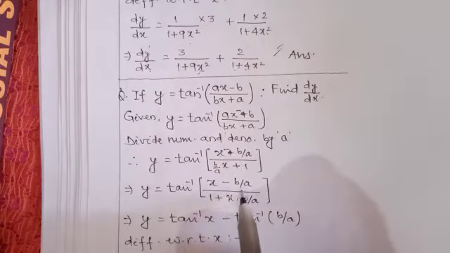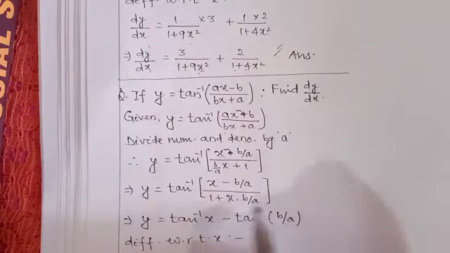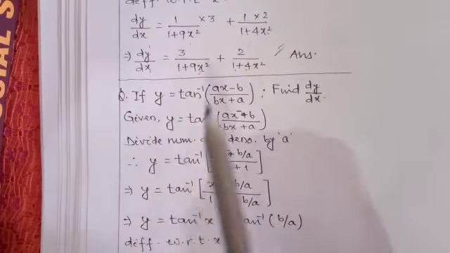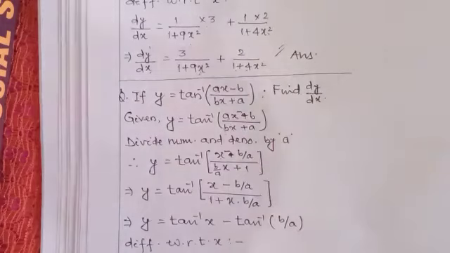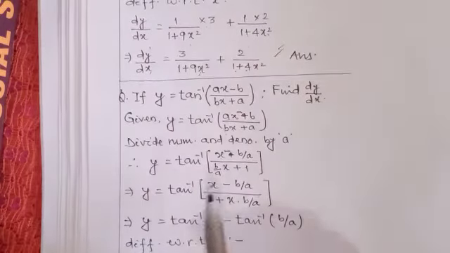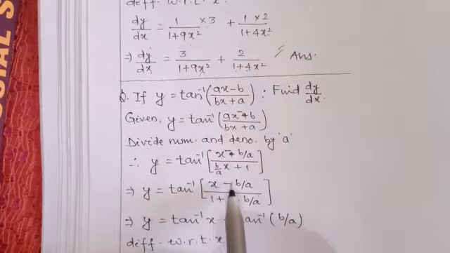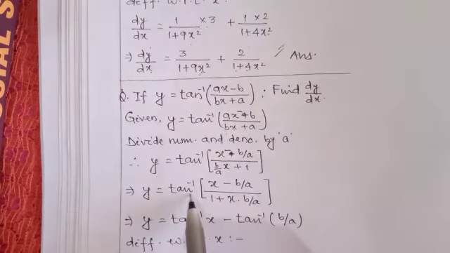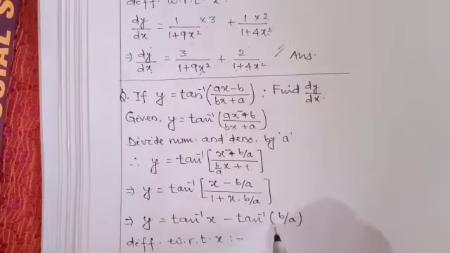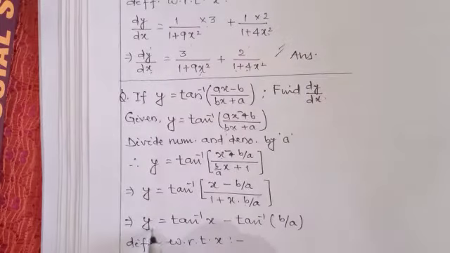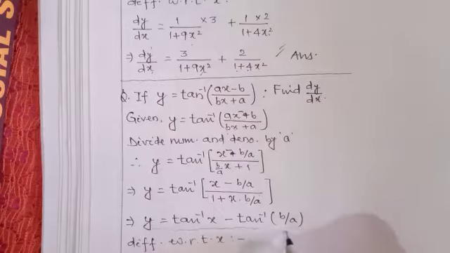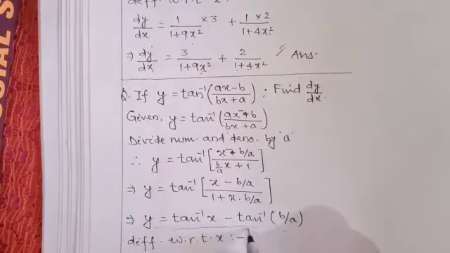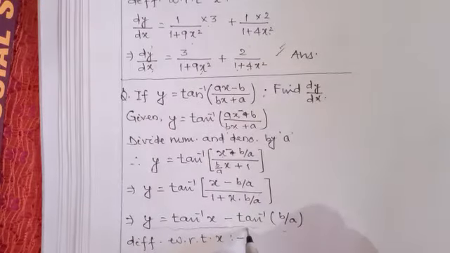Now this reduces to the same pattern as discussed in the previous problem. So it is the tan inverse of a minus b upon 1 plus a into b form. So it should be tan inverse x minus tan inverse b upon a. Now differentiate both sides with respect to x.